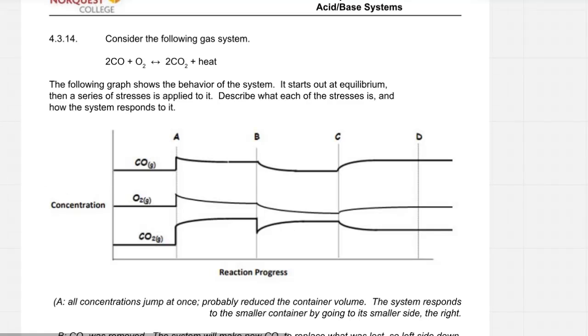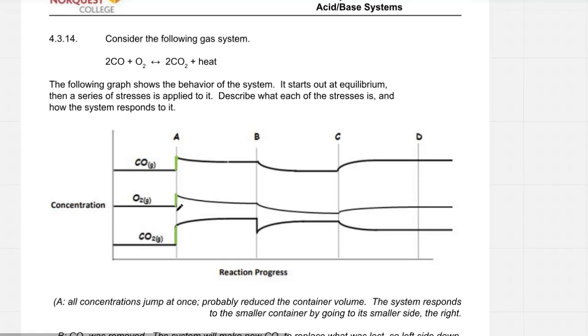So how do we do this? The system starts out at equilibrium, everything's flat, nothing's happening, and then at point A we come along and change something, and what do we see here? The concentration of carbon monoxide goes up, and oxygen goes up, and carbon dioxide goes up, all at the same time.